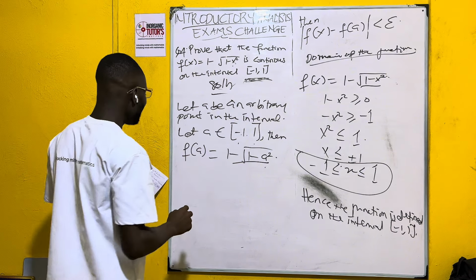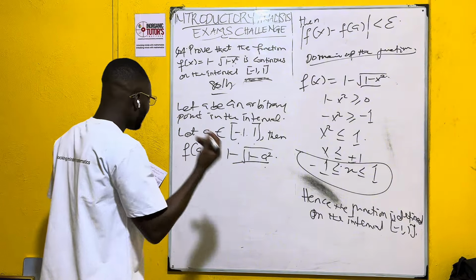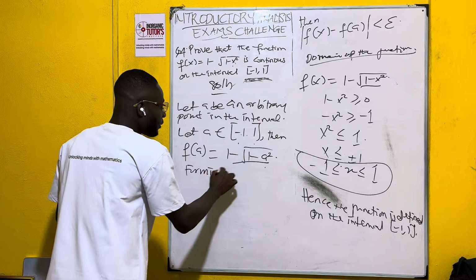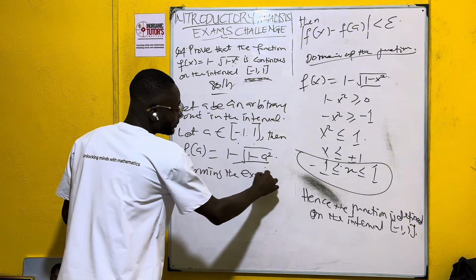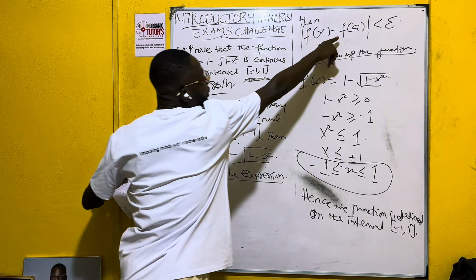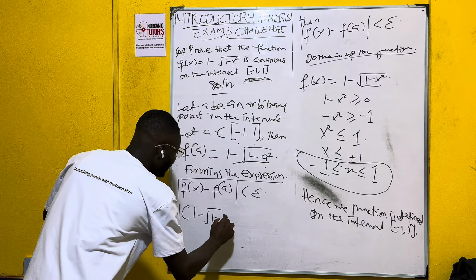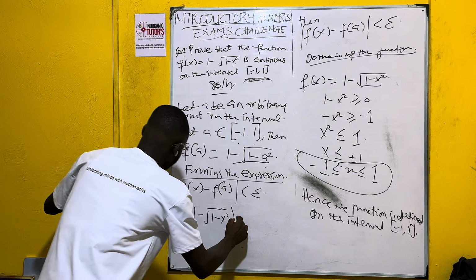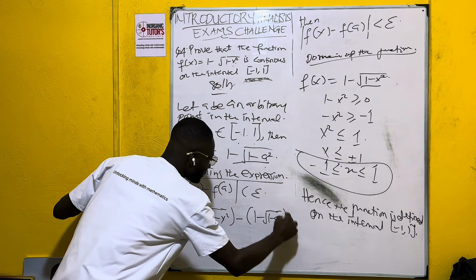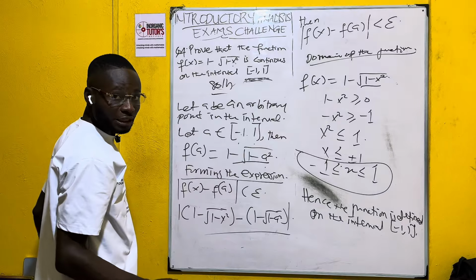The next step is we have to form the expression. So forming the expression, we have in brackets 1 minus the square root of 1 minus x squared, minus 1 minus the square root of 1 minus a squared. This is the function that we formed.